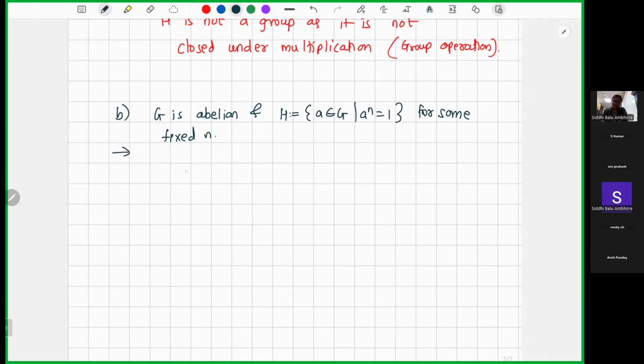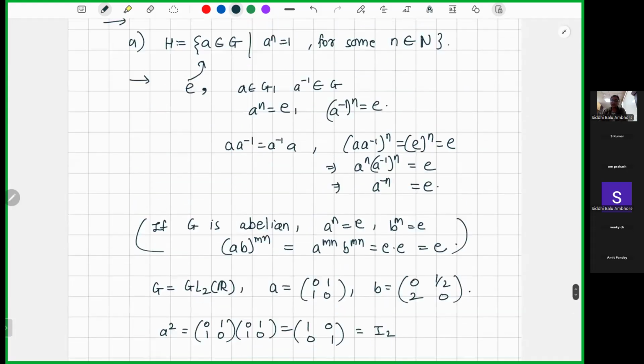Okay, so let us see this. Let A, B in G, I mean, A power n is 1. Again, it satisfies all these conditions.